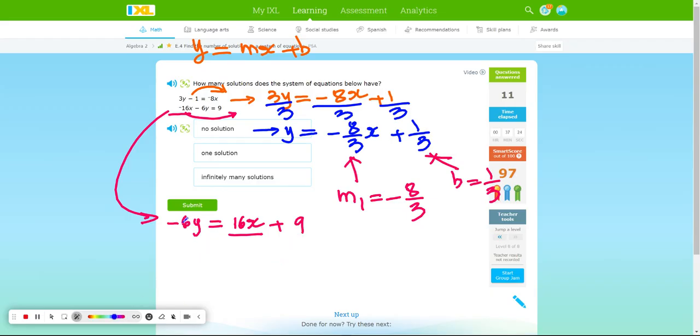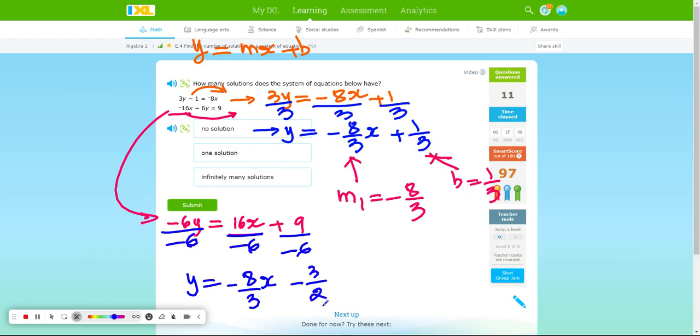Next step, I divide everywhere by negative 6. So I come out with y equals 16 divided by negative 6, which simplifies to negative 8 over 3, times x, and then 9 over negative 6 simplifies to negative 3 over 2.